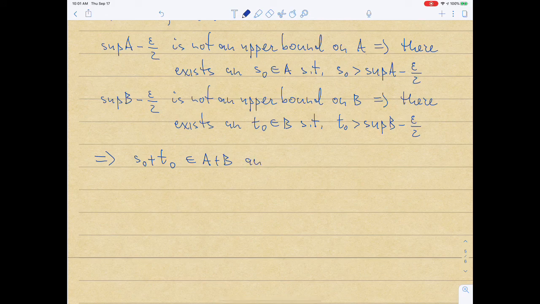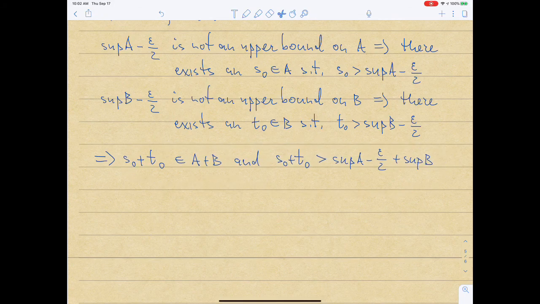And S0 plus T0 is greater than sup of A minus epsilon over 2 plus sup of B minus epsilon over 2, right?